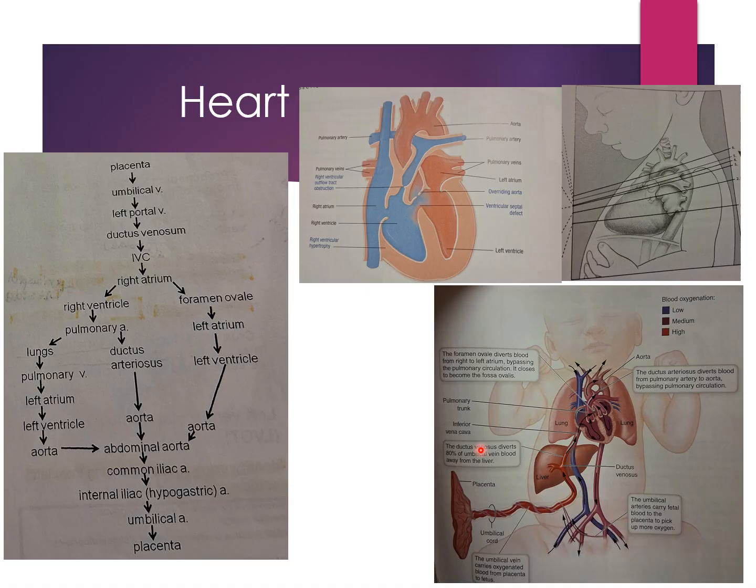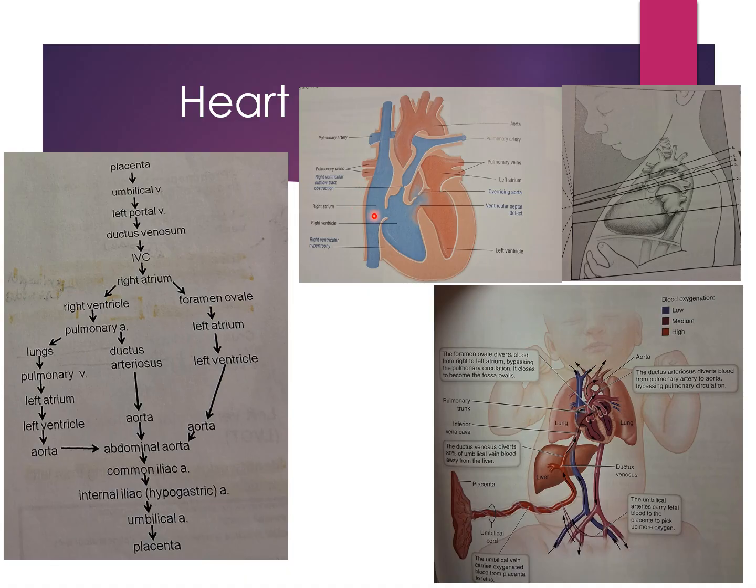So we have the placenta, umbilical vein, up through the left portal vein. Once it gets to the left portal vein, there's a shunt here that closes at birth, and this is the ductus venosum. And it'll go into the IVC, where it will come into the right atrium of the heart.